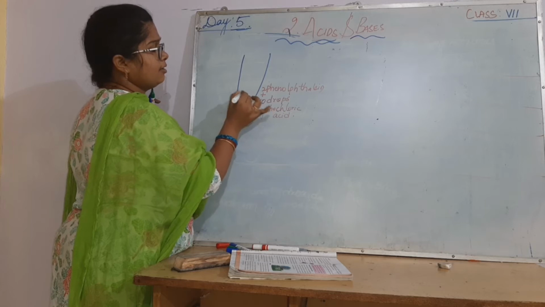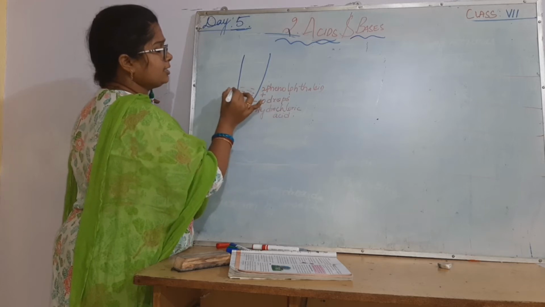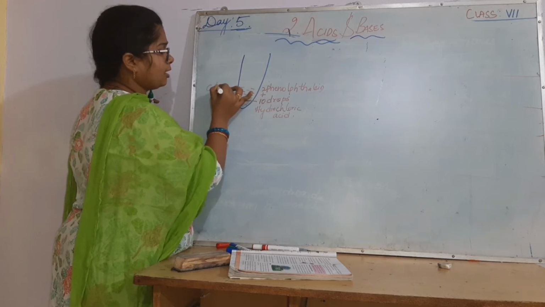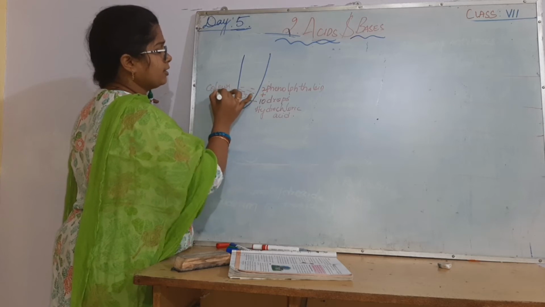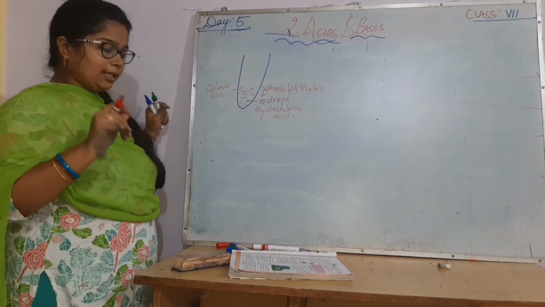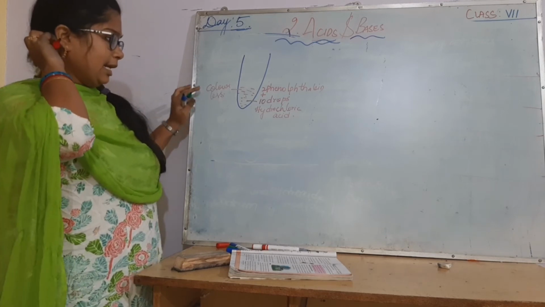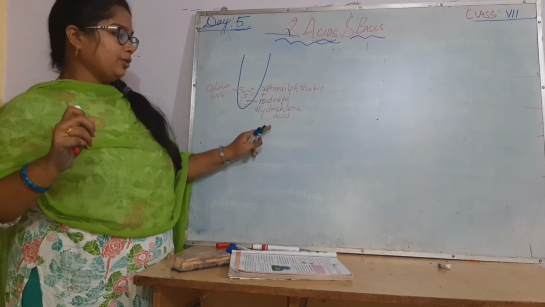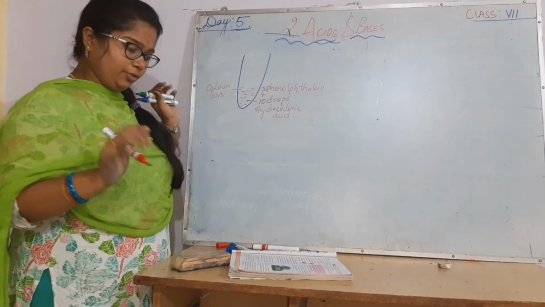Hydrochloric acid with 2 drops of phenolphthalein solution is now a colorless solution. Listen very carefully. What is the color of the resulting solution? Colorless. As you know, when phenolphthalein is added to an acid, it shows no color.